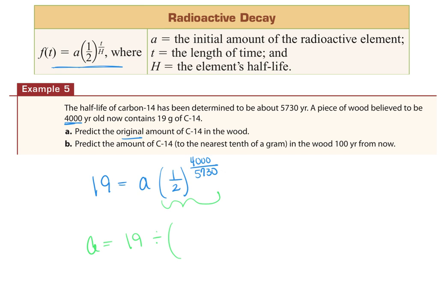So in your calculator, the easiest way to do that is 0.5 raised to the, you do need to put the 4,000 divided by 5,730 in parentheses there, all right? Your calculator is going to do order of operations, so you have to force it to do this division before it does that 4,000 exponent, okay?